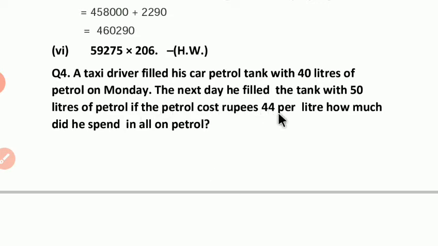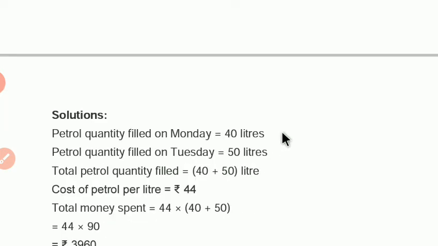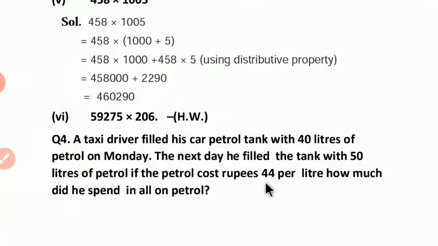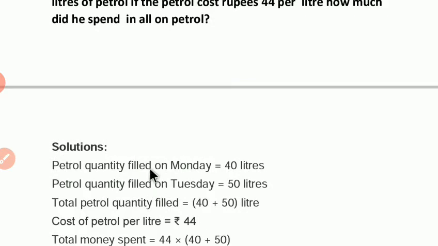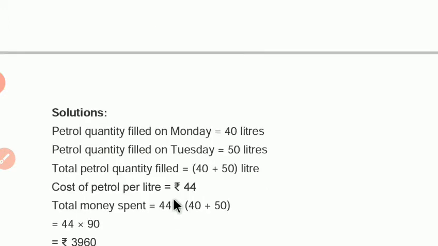44 per liter means the cost of petrol for only 1 liter is rupees 44. So how much did he spend in all on petrol? In 2 days he is using 40 plus 50, 90 liters of petrol, and the cost of 1 liter is 44 rupees. So for the cost of 90 liters, it will be 90 into 44.